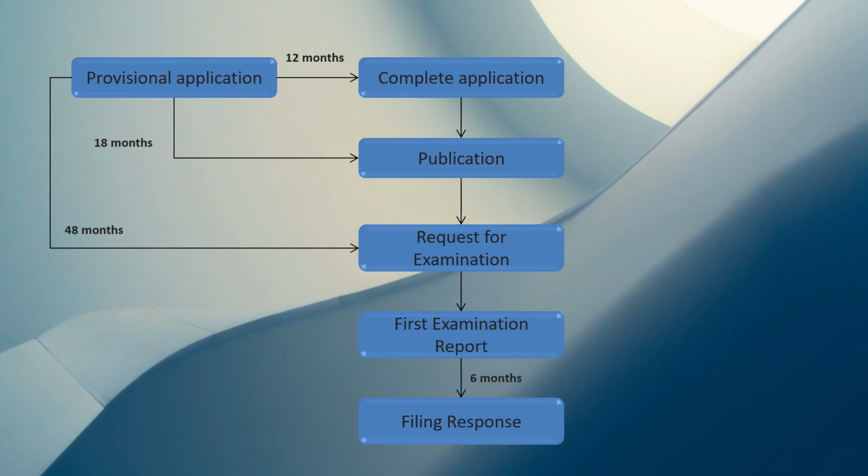So again, this is also one of the facilities provided by the Indian Patent Office to expedite the process of getting a patent grant. Now, a very important point here is to understand that this facility of expedited examination is not eligible for every applicant.